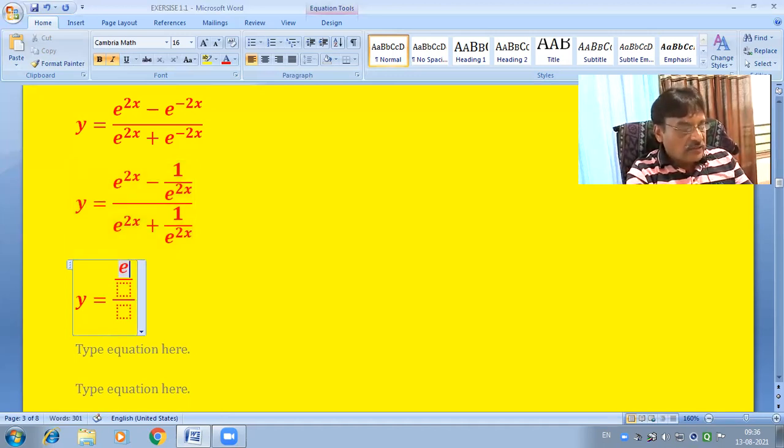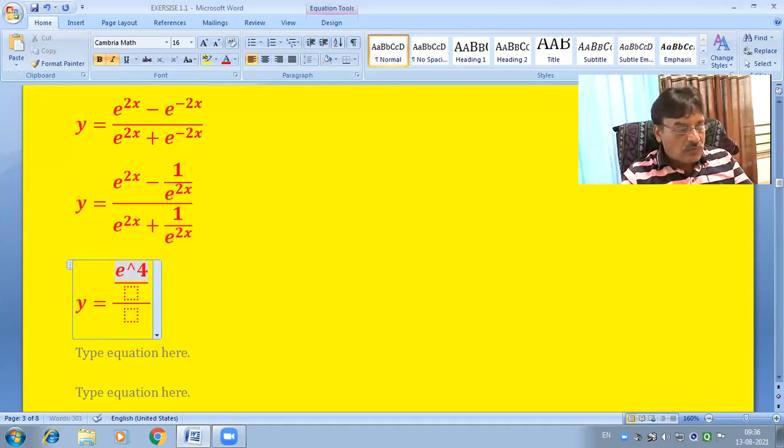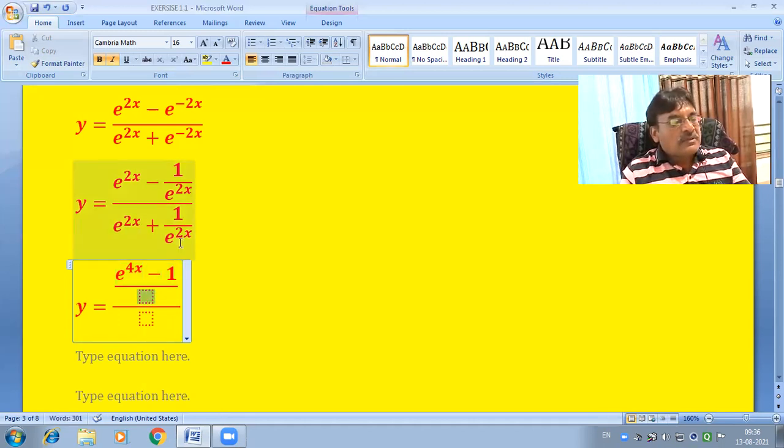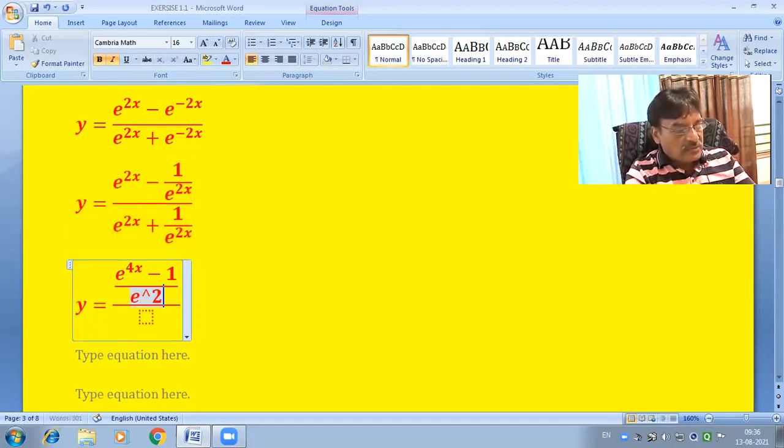So we write e to the power 4x minus 1 as it is, upon the multiplication of denominators: e to the power 2x into 1. Here the denominator is absent, therefore the denominator is 1 into e to the power 2x, so we write e to the power 2x.